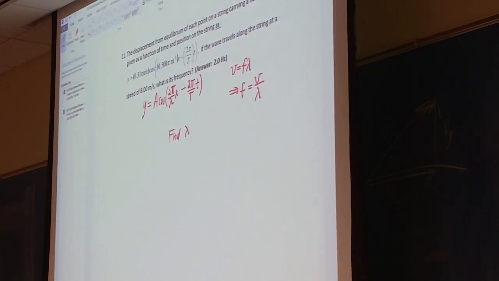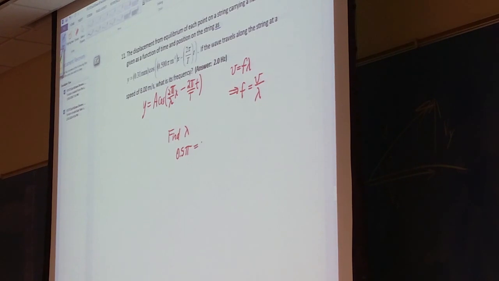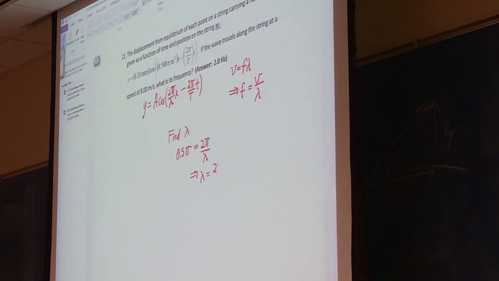We're going to leave off the units, but we have 0.5 times pi is equal to 2 pi over lambda. And then lambda is simply going to be 2 over 0.5, since the pi's cancel out. And 2 divided by 1/2 is 4.